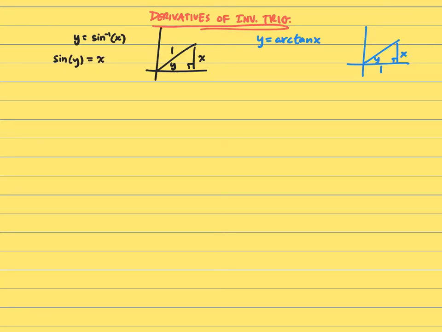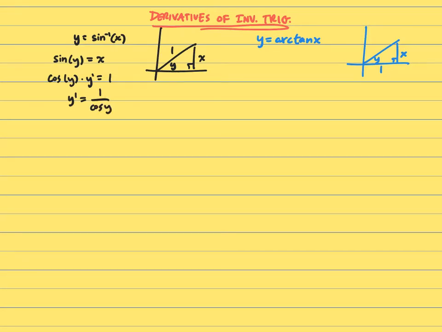Now I can differentiate both sides of this equation using implicit differentiation. So the derivative of the left side will be cosine of y times y prime. Derivative of the right side will be 1. Therefore, y prime will equal 1 over the cosine of y.